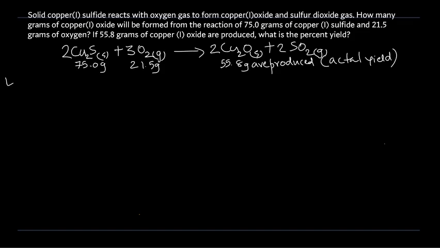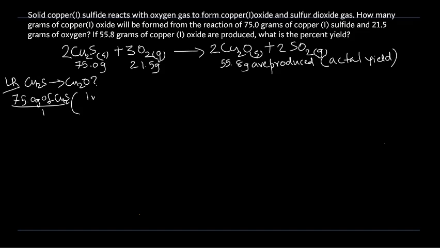So I'm going to find the limiting reagent for Cu2S, that's a reactant, and I will see how much Cu2O will form. For that, I will start with what is given. So I have 75 grams of Cu2S, and I will convert that mass into moles.